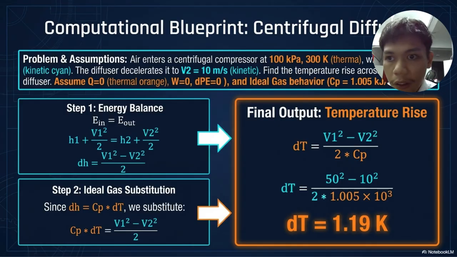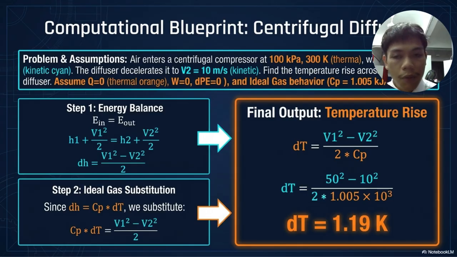The diffuser decelerates it to 10 meters per second, so the outlet velocity is 10 meters per second. Find the temperature rise across the adiabatic diffuser. Adiabatic means there is no heat transfer. So Q is 0, work is 0, and potential energy is 0.